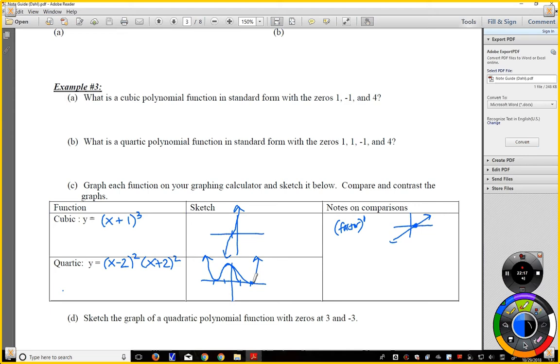Then in our quartic that we put up here, we used factors that had a second power on them, right? And so each one behaved how we've seen things behave when it's a second power. So every time you have a factor to the second power, when it hits that 0, we expect a quadratic with its vertex at that point, okay? That it doesn't go through the axis straight like a line, but instead it curves right when it hits it.